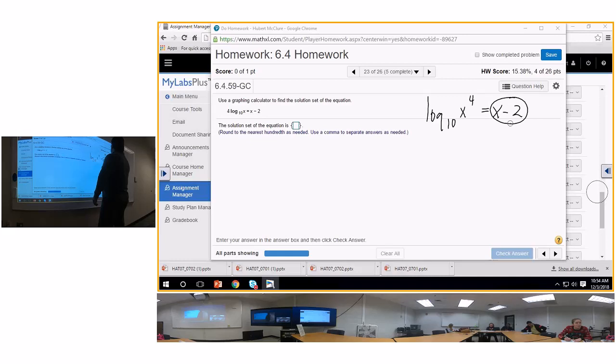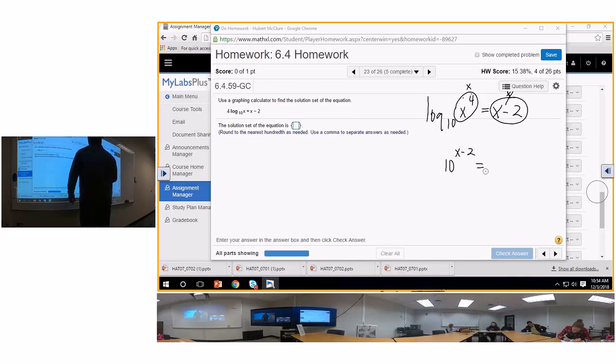This is x. I'm sorry, this is y. This is x. This is y. And this is base a. So how do you do it? y is equal to log base a of x is equal to a to the what? y is equal to x to the 4th.